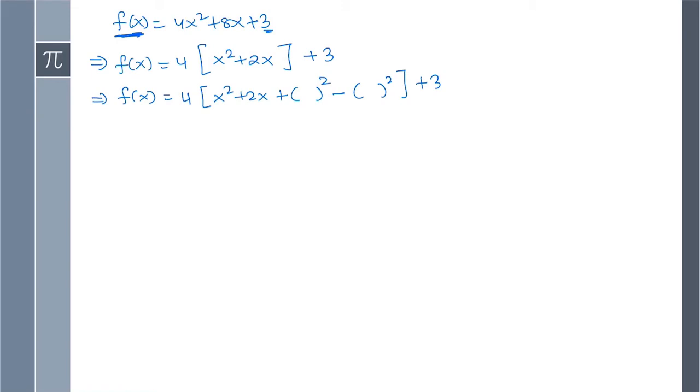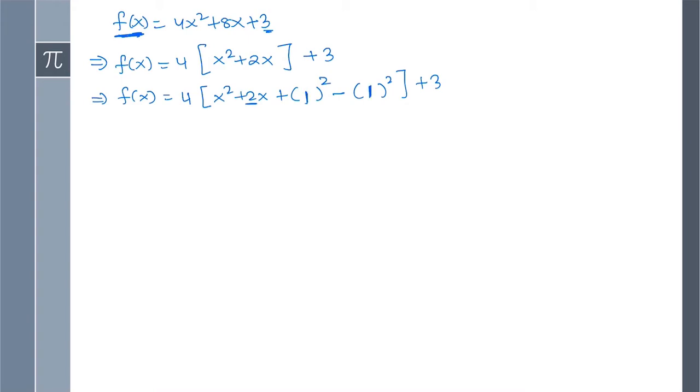We add a number, we subtract the same thing, so overall the value of the function does not change. It just looks different. The number that we add is half of the coefficient of x. We have 2, so half of 2 is 1. So we put 1 here, and then we put the same thing here.